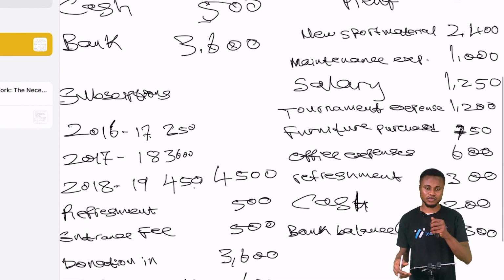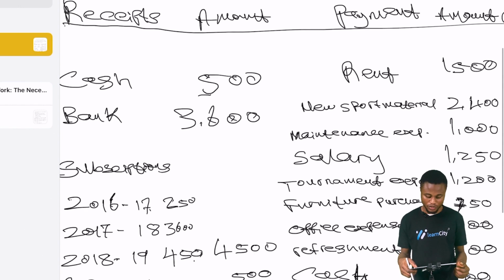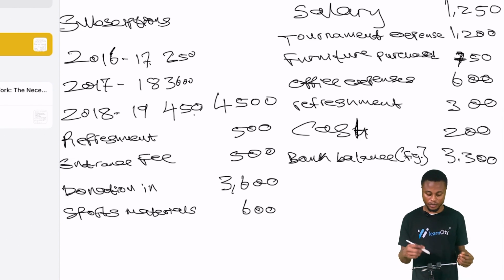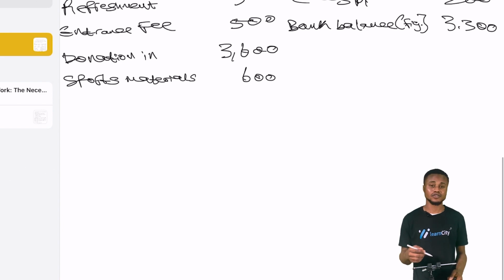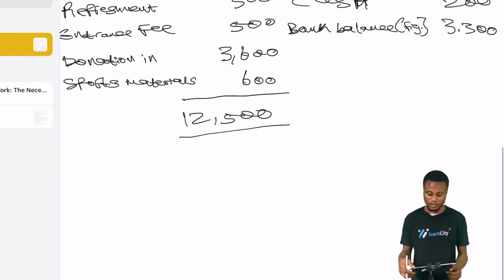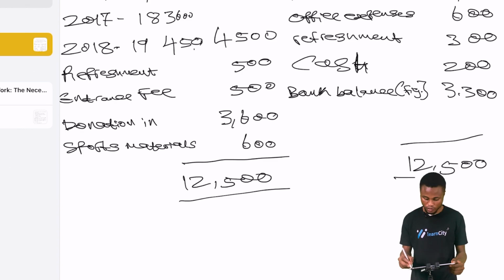If you come to your debit side and total it, 500 plus 3,600 plus 4,500 plus 500 plus 500 plus 3,600 and plus 600, you are going to arrive at 12,500. So your total for the debit side is 12,500. And of course, it has to balance with the credit side also. If you do your simple arithmetic, you are going to get the same figure for the credit side.